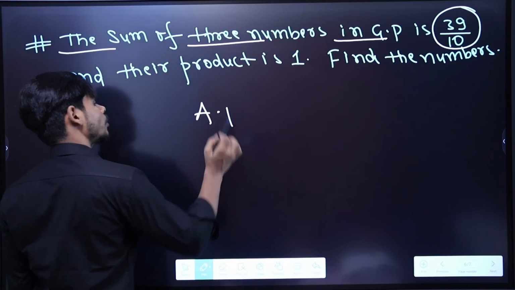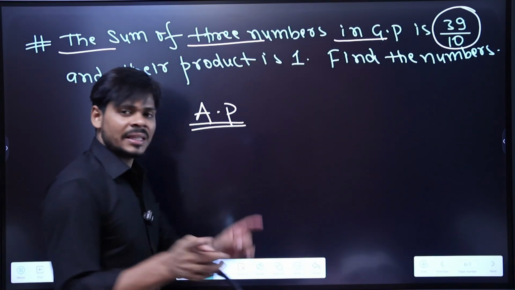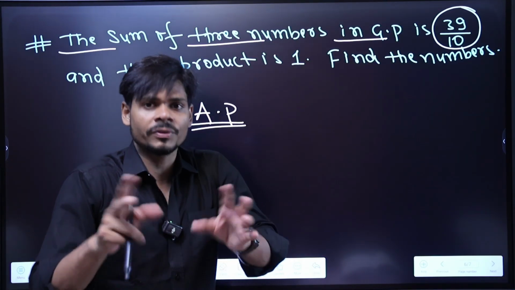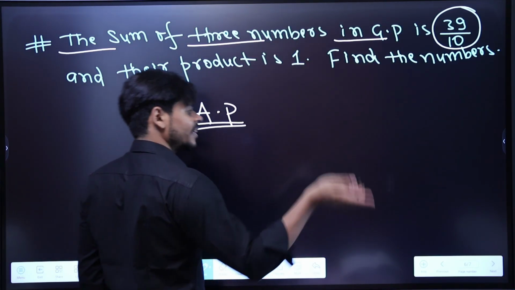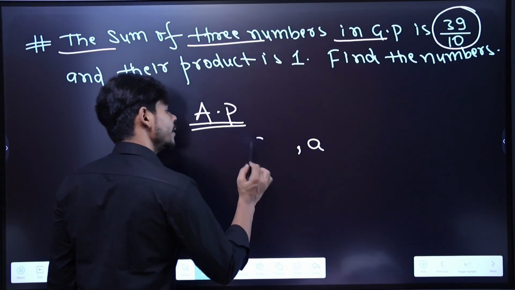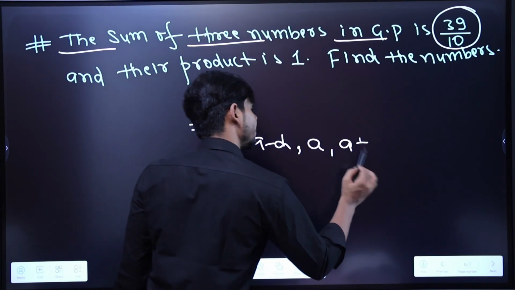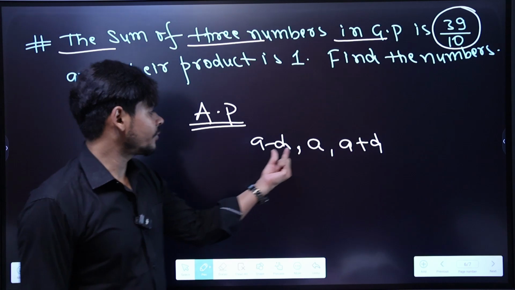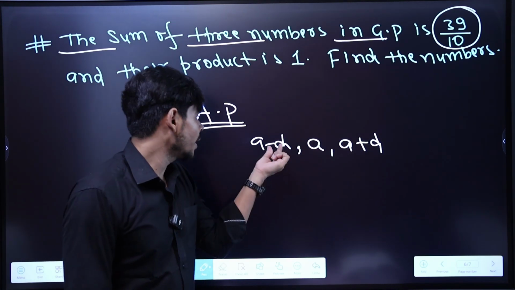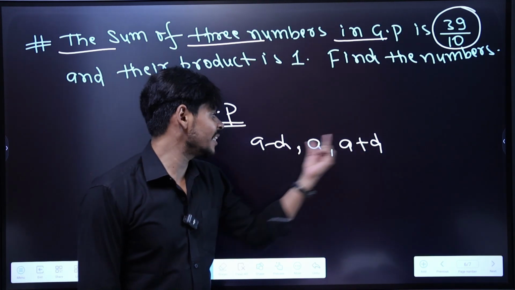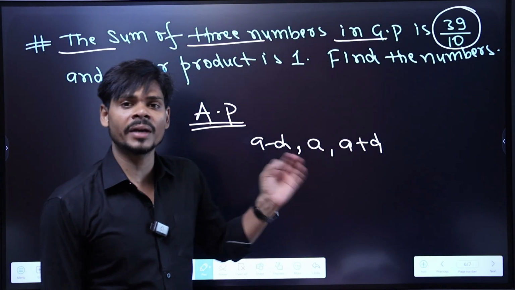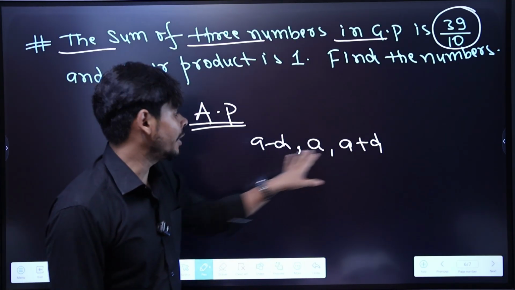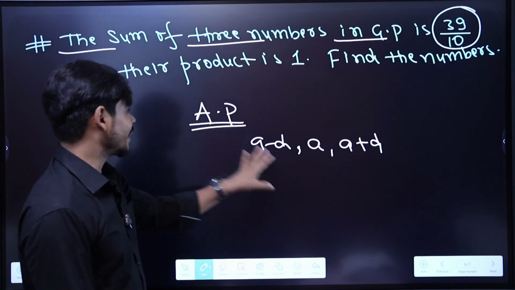Let me explain first about the AP. If we were given the sum of three numbers in AP, then we were considering the AP as A minus D, A, and A plus D, so that after adding them, minus D and plus D get cancelled out, and from here we can easily get the value of A, right? This was the condition for AP.